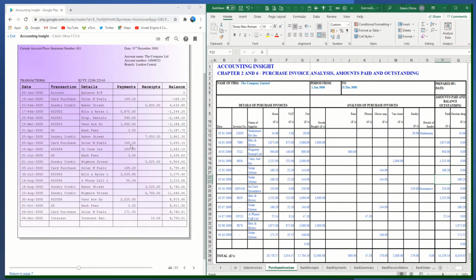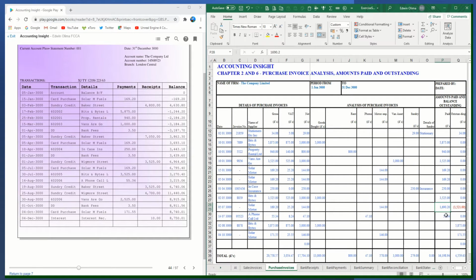So Solar Motor Fuels 169, another one there. This one here, 20. Keep going. In Case Insurance, we've entered that. That was a check. Again, bank fees. These are receipts. We're not looking at receipts. Solar Motor Fuels, another one there, 5th July. We got it there, so we paid that one off.